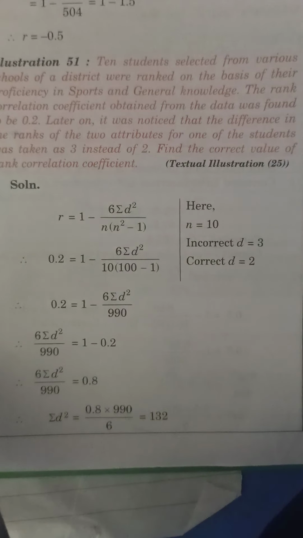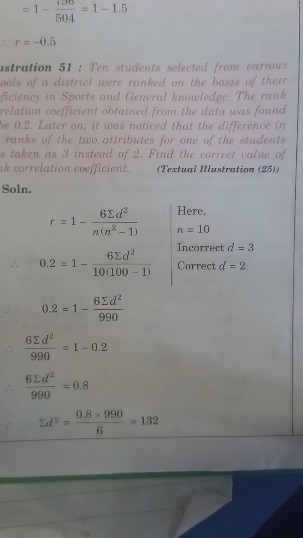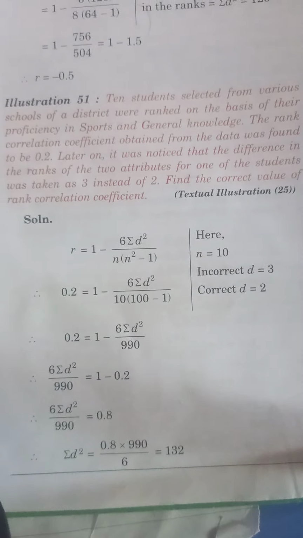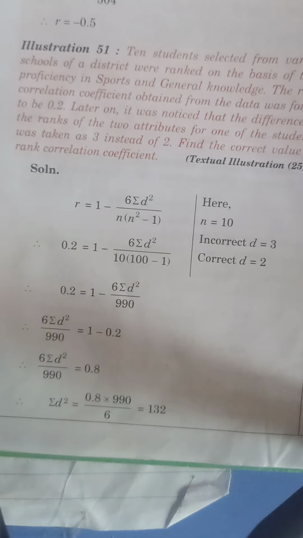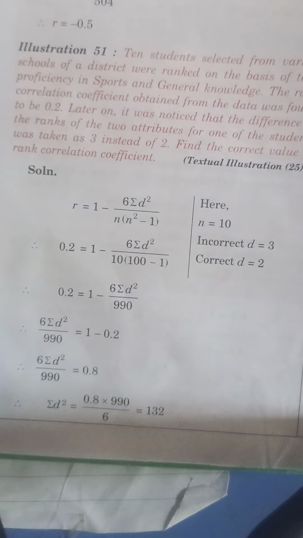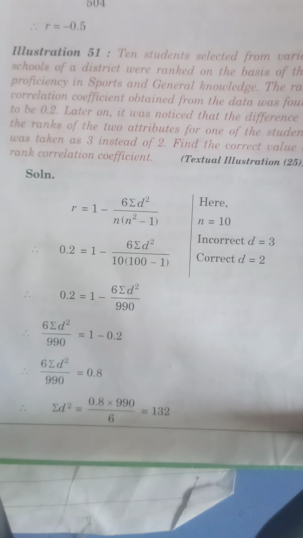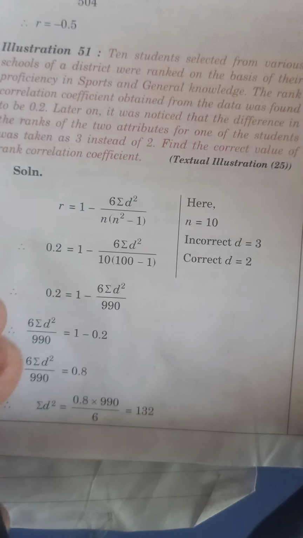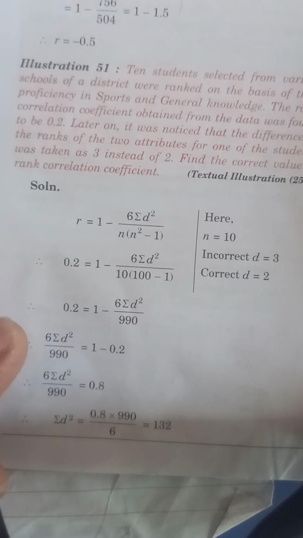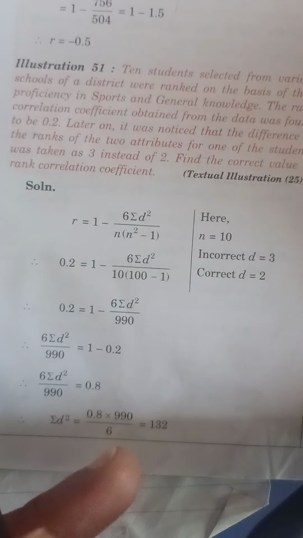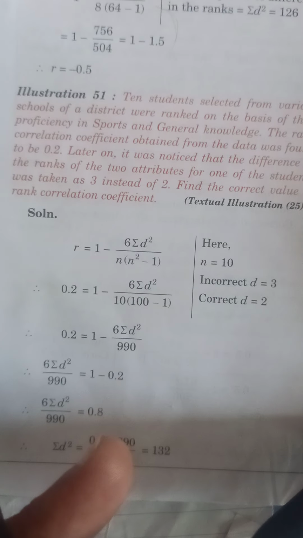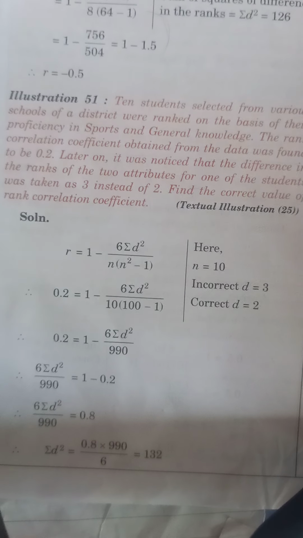So in the rectification method, as we all know, we have to rectify the particular value of the rank correlation coefficient. There are different steps. In the very first step, we have to find the wrong value of sigma d square.